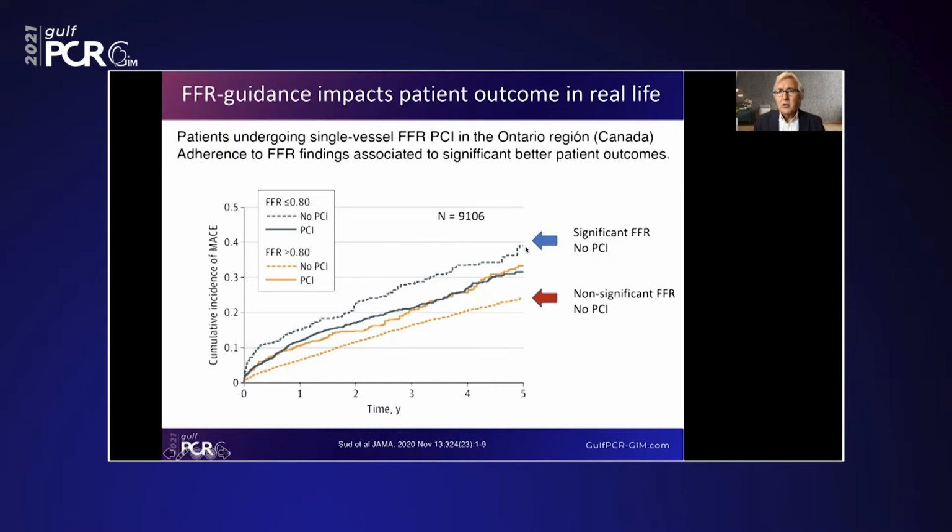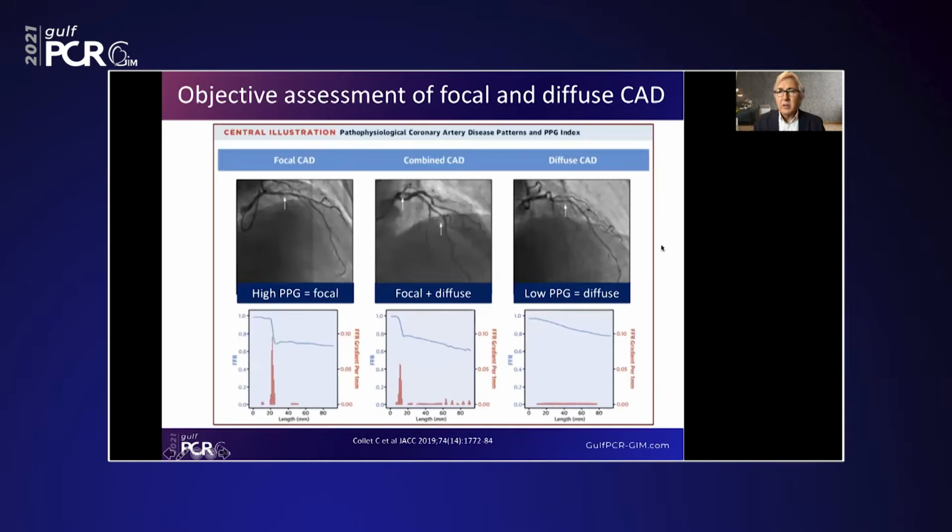On the contrary, you have patients in whom FFR indicated that there was a flow-limiting stenosis, but for whatever reason, the PCI was not performed. And these patients, of course, had higher event rate in the long term.